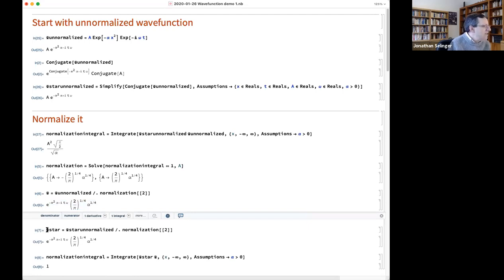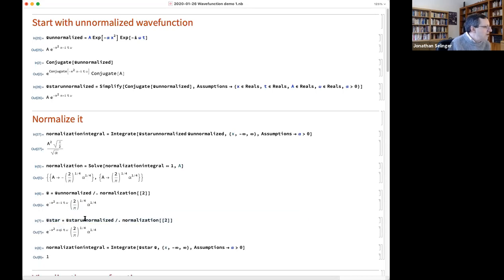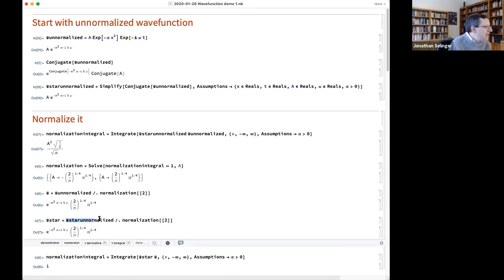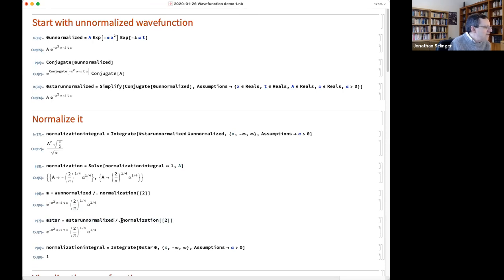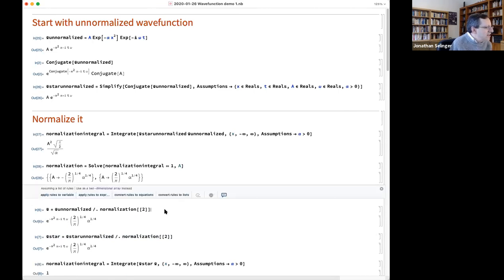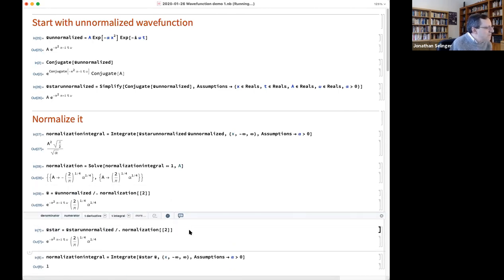Okay. And then for psi star, I'll take the unnormalized psi star and substitute in the second normalization thing. Okay. So that makes this psi star. Okay. So here, I haven't been executing all these commands as I go along, but I can. They only take a second.